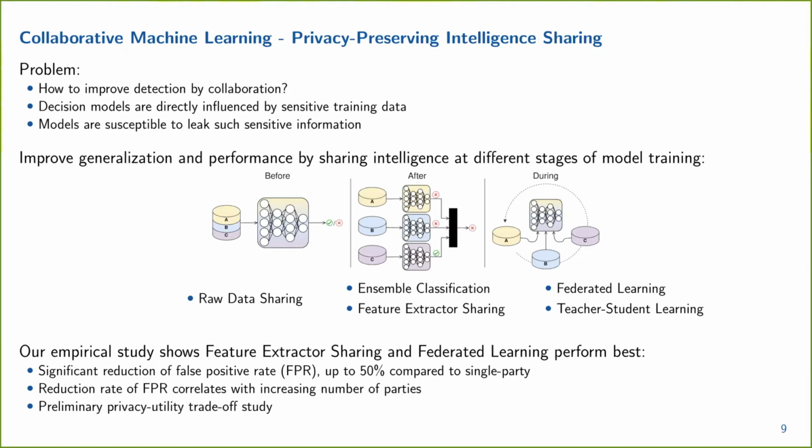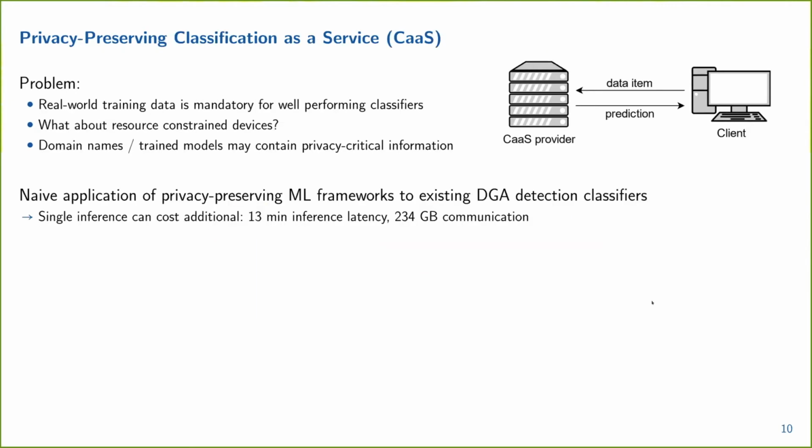And here we also ensured that the reduction of the false positive rate correlates with the increasing number of parties that are collaborating. And thereby we could ensure that the collaboration actually works. And we also conducted a preliminary privacy-utility trade-off study in which we could show that, for instance, for the federated learning approach, we can ensure the protection of the privacy with a manageable overhead.